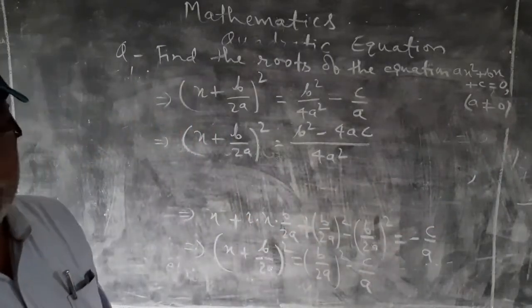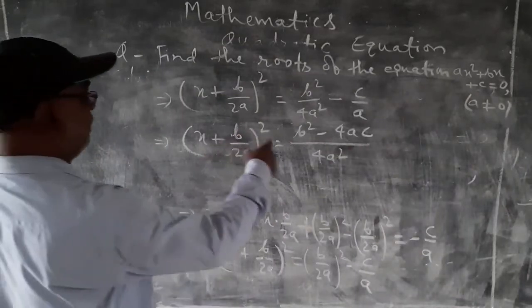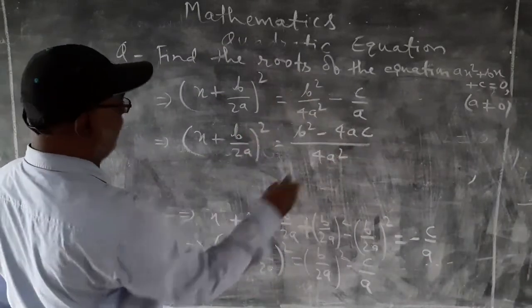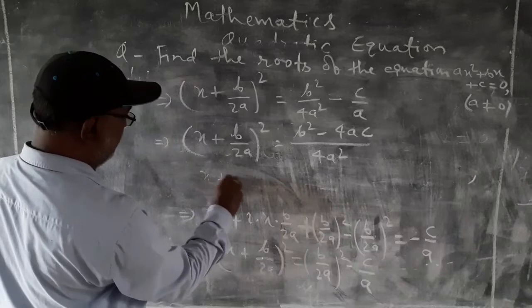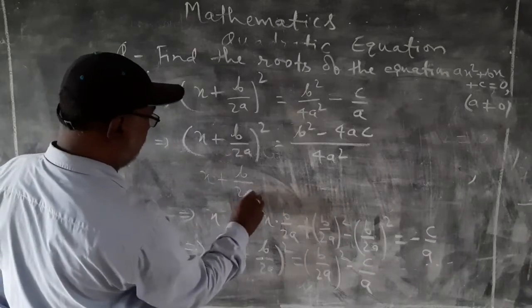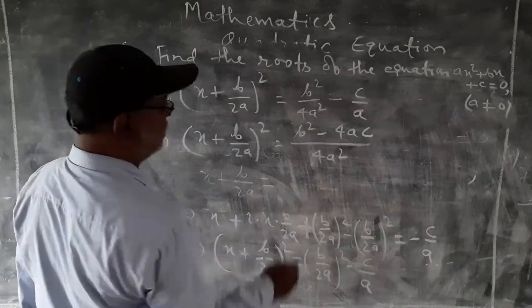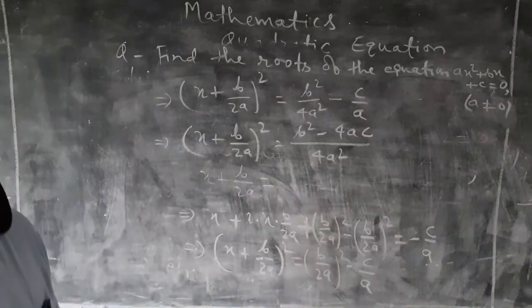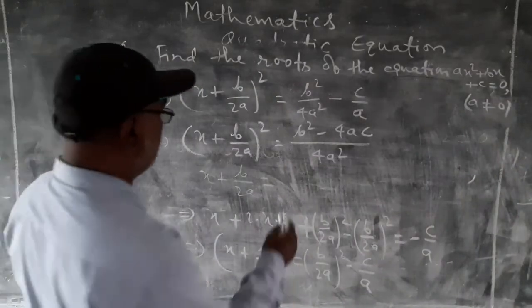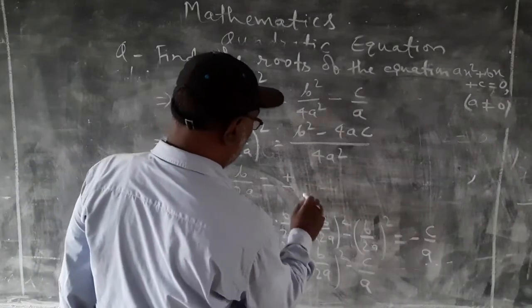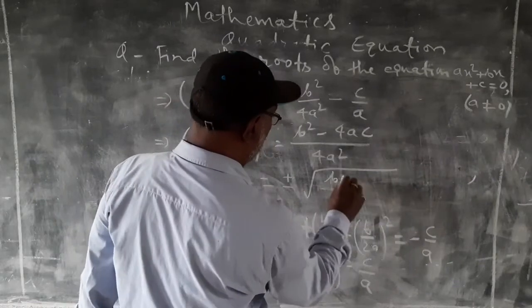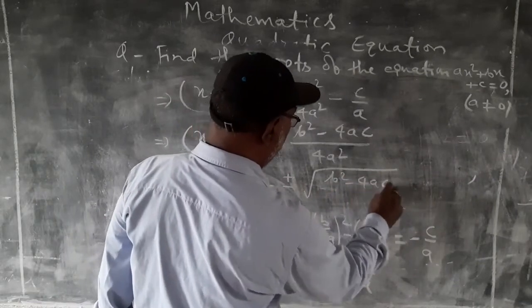If you take the square to the other side, it will change to square root. That's why you can write x plus b by 2a equals plus or minus root of b square minus 4ac by 4a square.